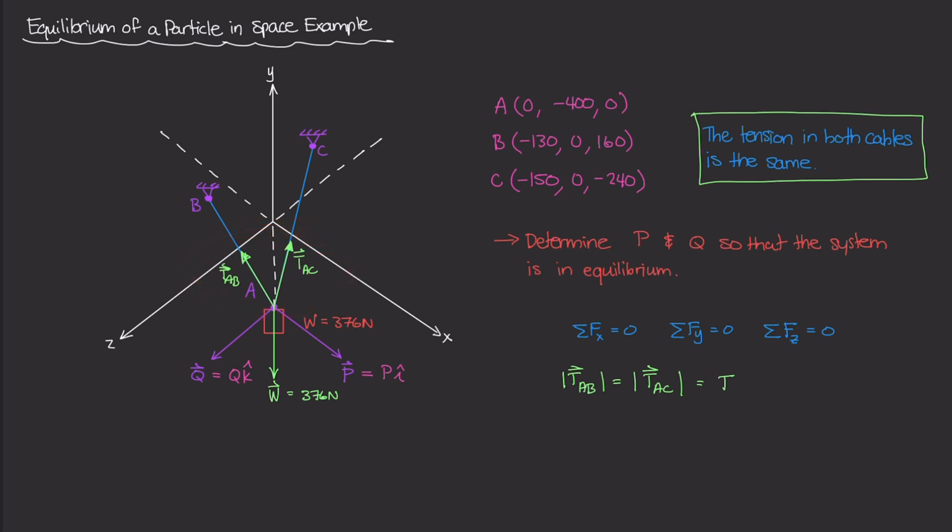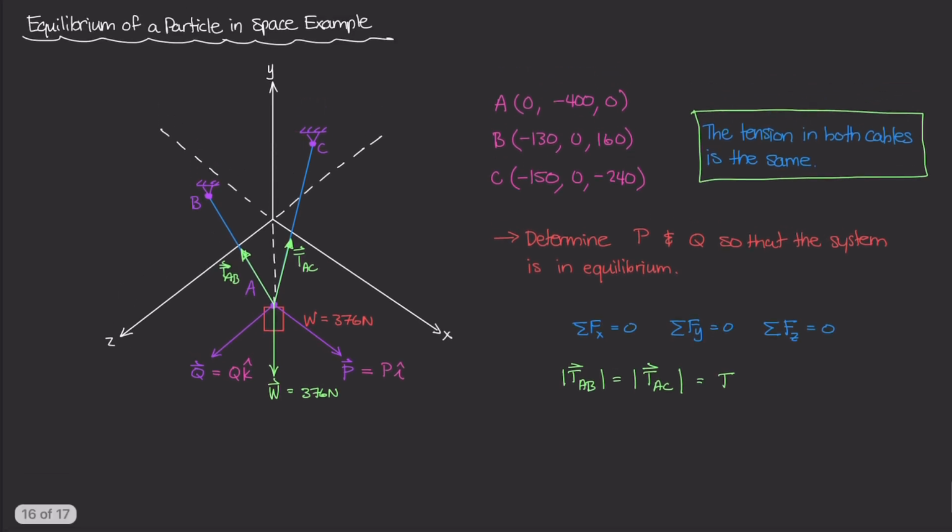Now, in order to get these components for these three equations, we need to represent each one of the two tension forces in terms of the direction that their line of action is making.